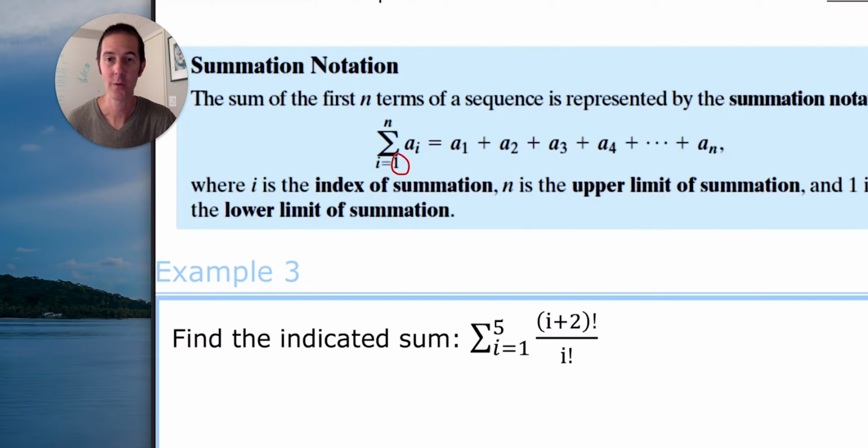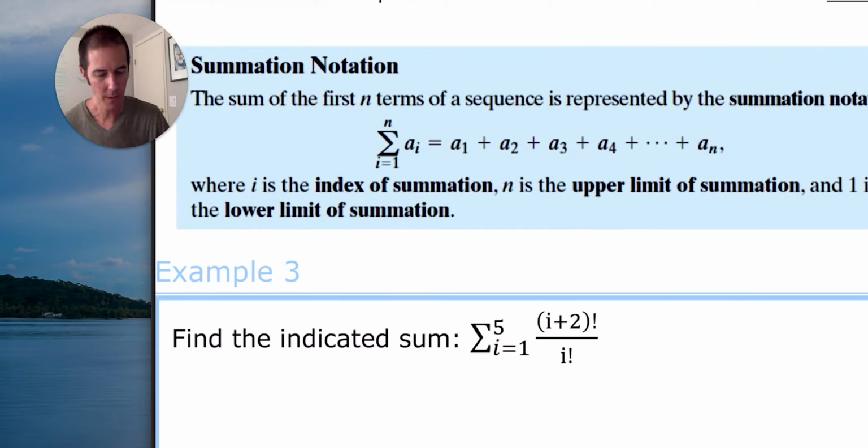It doesn't always start at 1. And if you look just down at the first example, example 3, you can see that our lower limit here is 1, and the upper limit is 5. Could I start with a lower limit of 2 or 3? Absolutely. And we'll see an example where that happens.